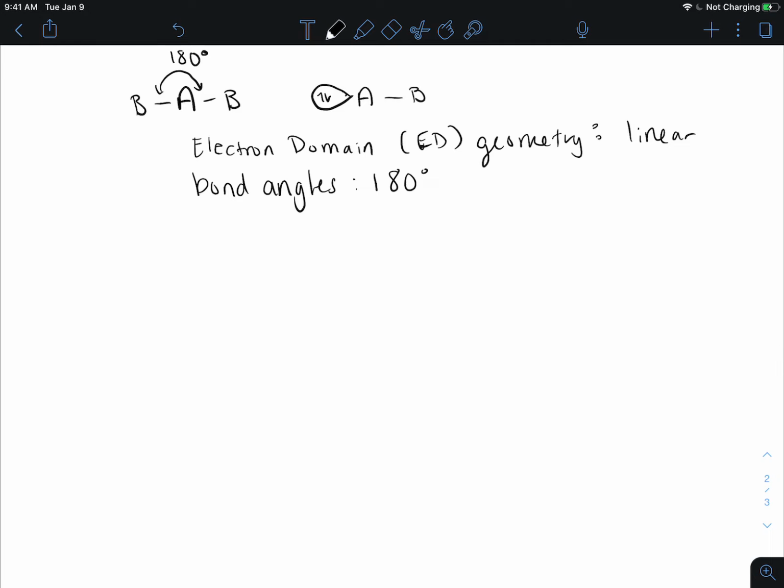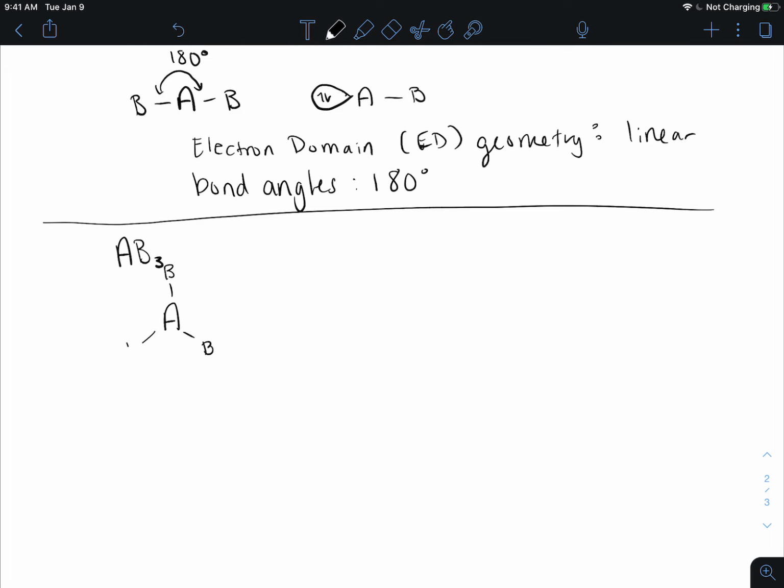Okay. Next electron domain geometry we look at is going to have an AB3 structure. So it's going to have one central atom surrounded by three electron domains. Like so. Each of these electron domains are going to be 120 degrees away from each other. So that's the furthest we can get those 3 electron domains in a 3-dimensional space.